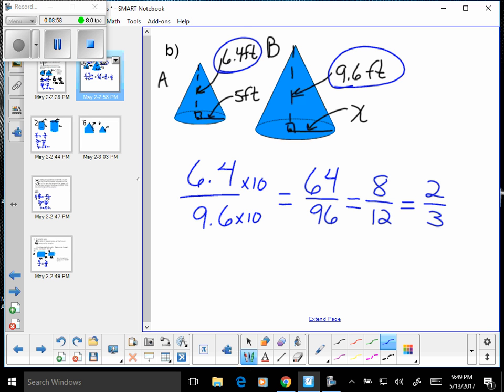You must do the same thing to the decimals. So if this would have been 6.44 and 9.6, I would have had to multiply by 100. If it was 6.04 and 9.06, I would have multiplied by 100 and then reduced.